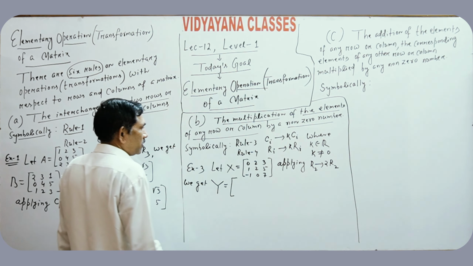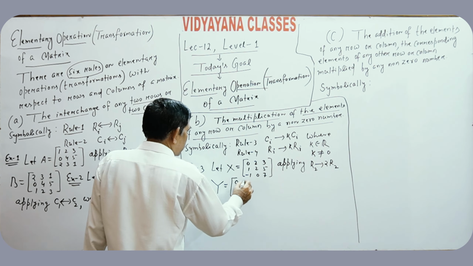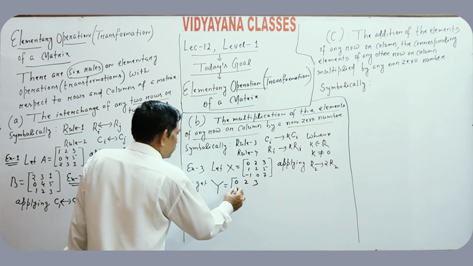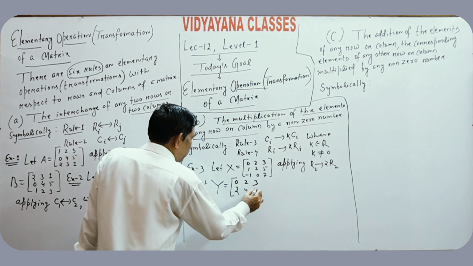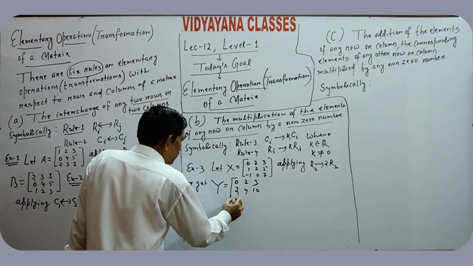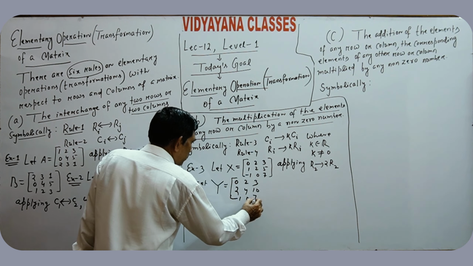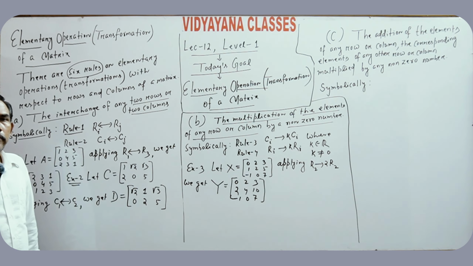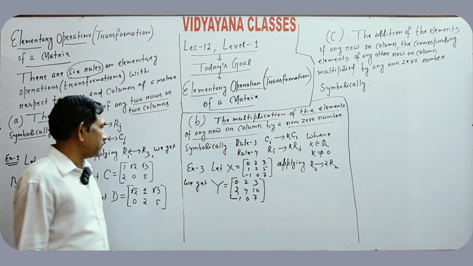Row 2 is replaced by 2 times of row 2: 2, 4 and 10. Minus 1, 0, 7.